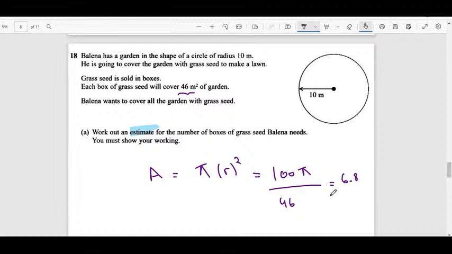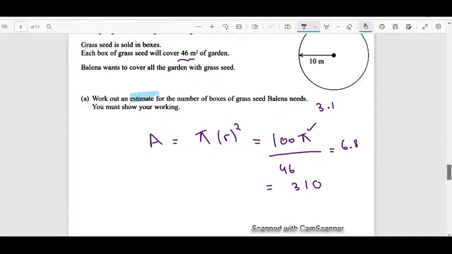And since it is an estimate, for the estimate questions, we have multiple approaches. Either you can just round off this pi, find the value, just so things are simple. Let's say, for example, I use the value of pi as 3.1, instead of using 3.14. This would have given me 310.